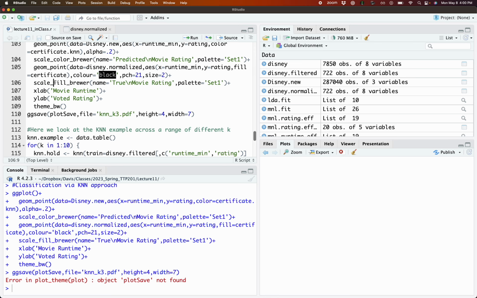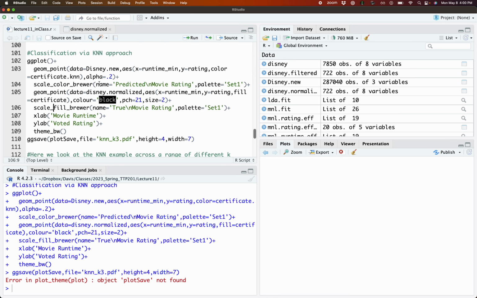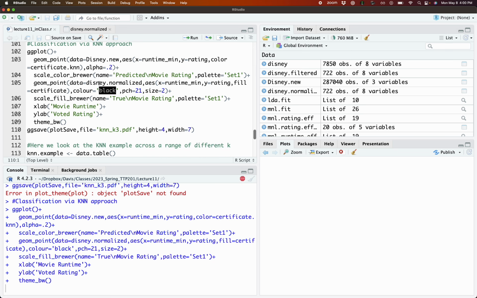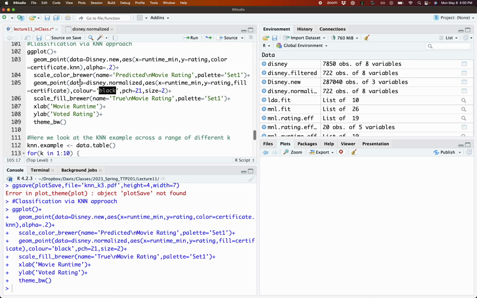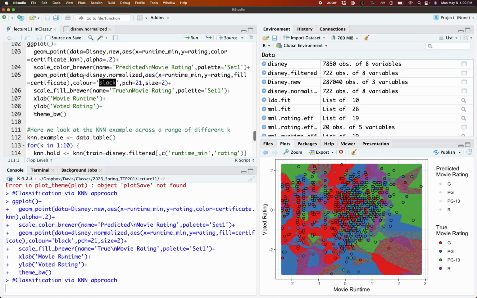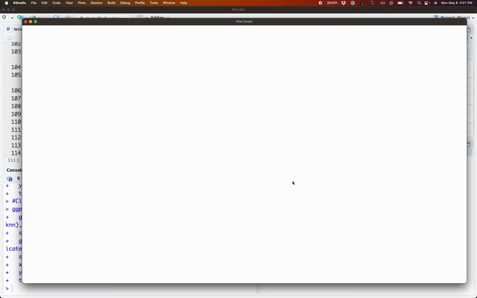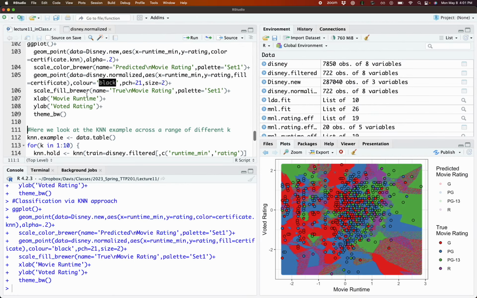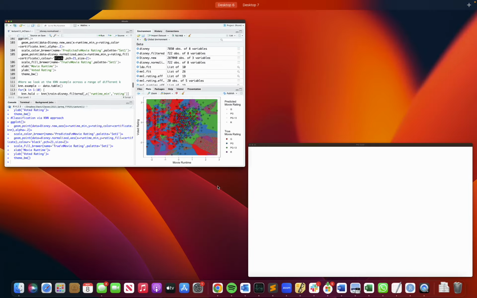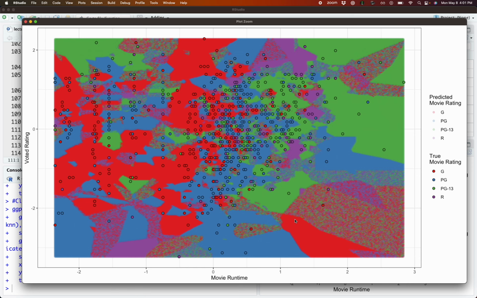Oops. There we go. I saw it for a second. There we go. No. Is it just taking a long time to process? Is that why? There it is. Oh my gosh. Okay.